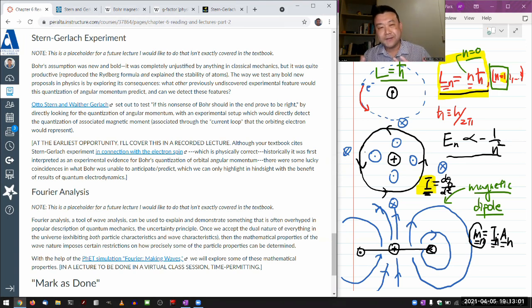But this is one where we say, hey, science is an iterative process. The Bohr model is more correct than our previous understanding of atomic structure, and the Stern-Gerlach apparatus gives more support than not. So it's more on the supporting side of the Bohr model than the other possible interpretation.